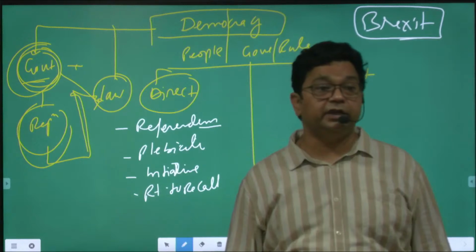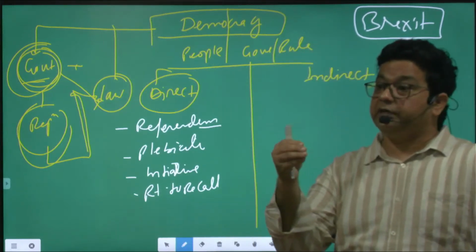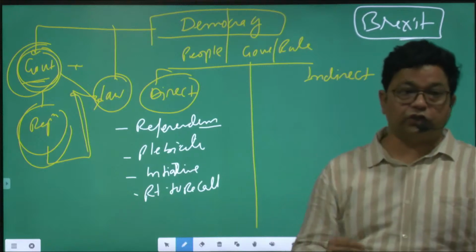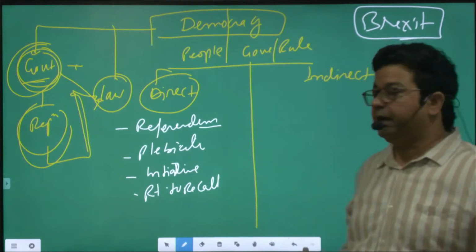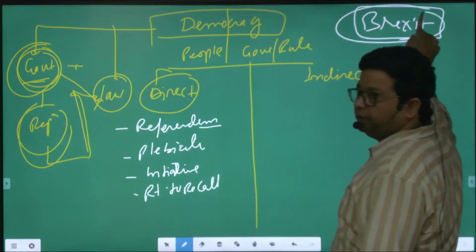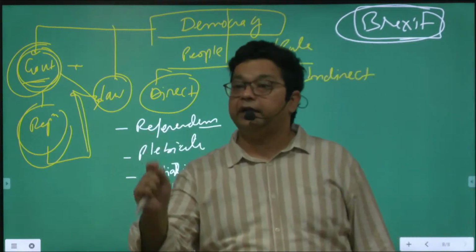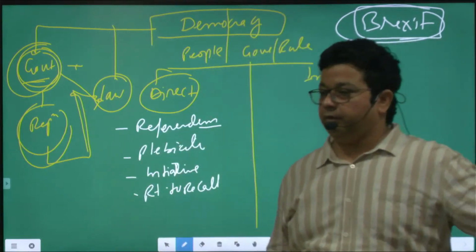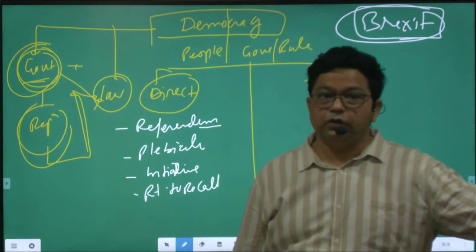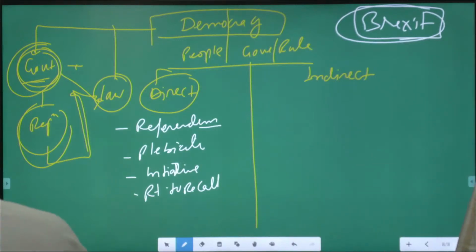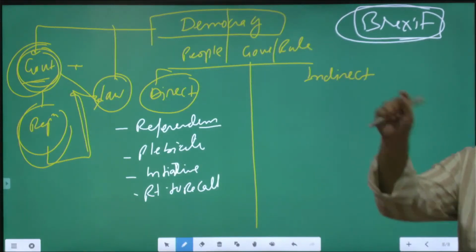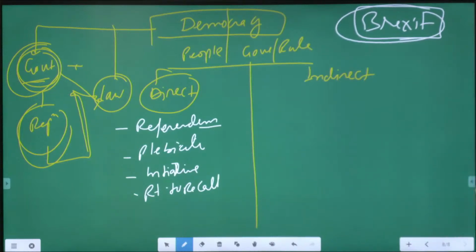Referendum means that the law proposed by the executive is chosen by the people themselves. So Britain came up with the policy of Brexit, and they asked the people of Britain to vote in favor of or against Brexit. In a referendum, people are directly involved in choosing what law they want or do not want by voting for or against that law or decision.